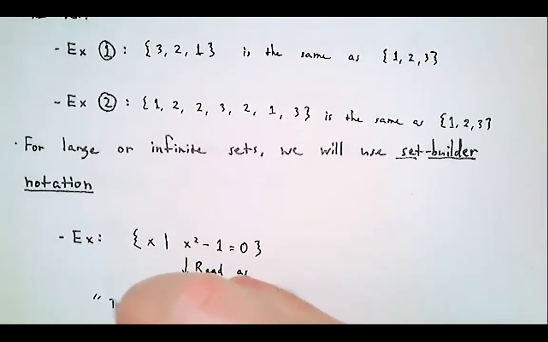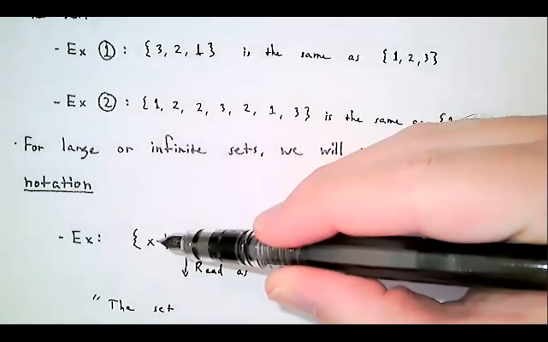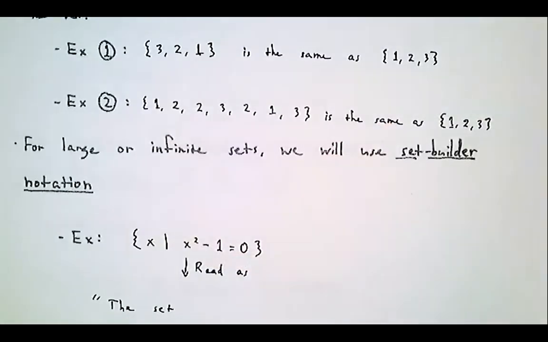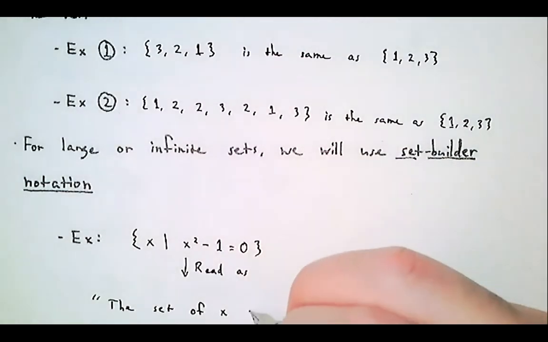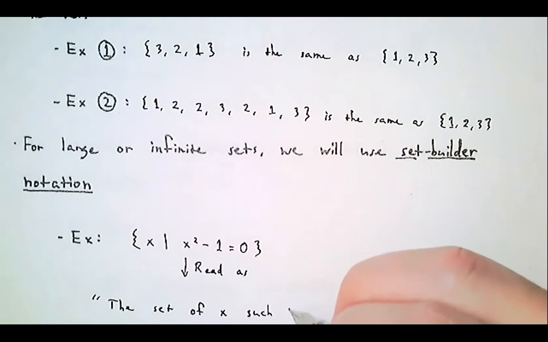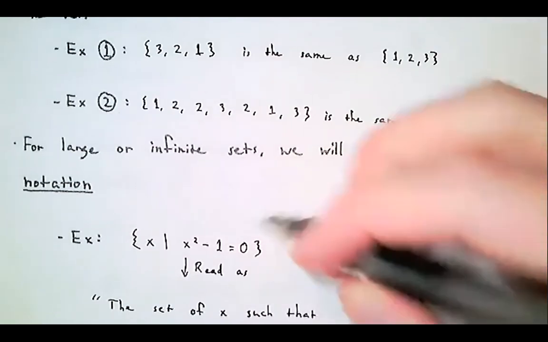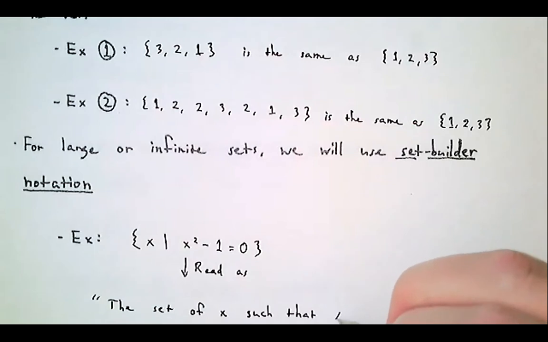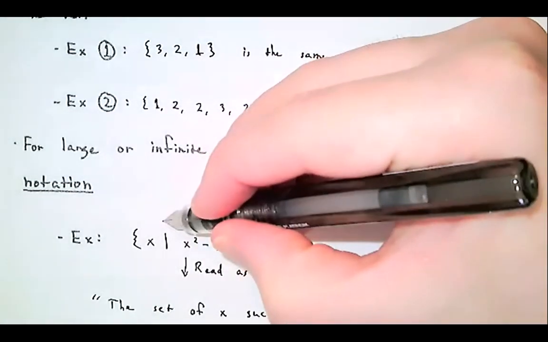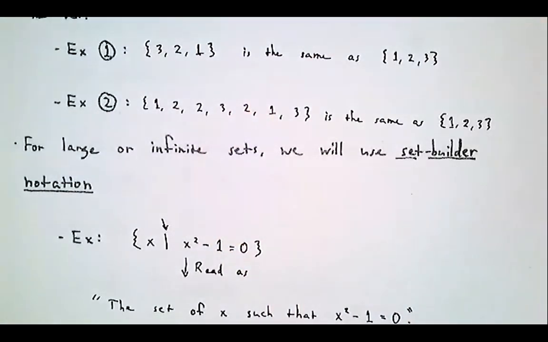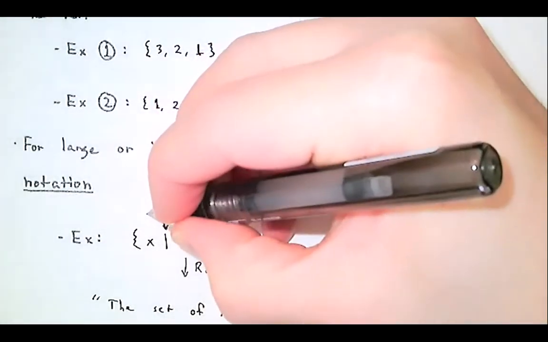So this is the set. This letter X tells you the letter to use for the elements. So it's the set of X. The vertical bar means such that. And then you continue reading. In this case, there's a formula. Let me make a little note here that the vertical bar means such that.